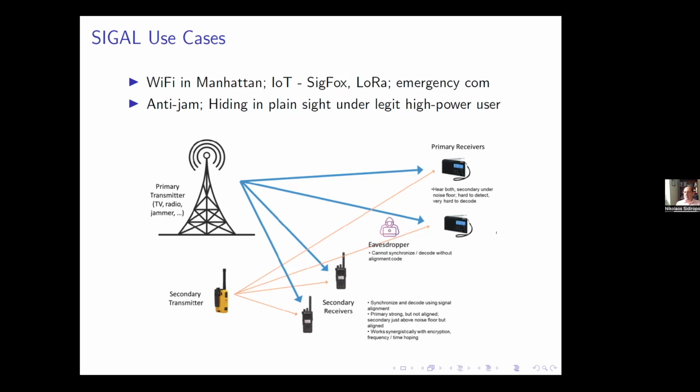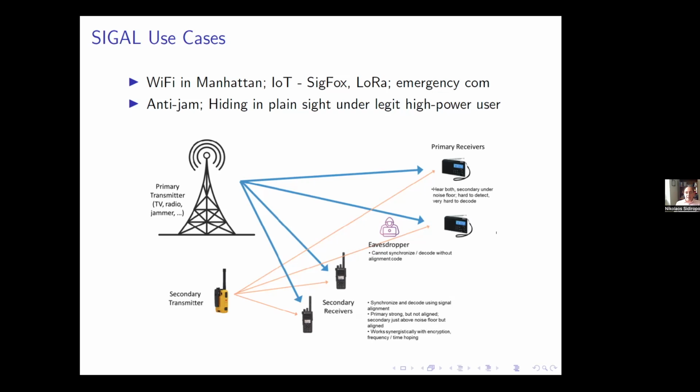Another application is emergency communication. Suppose that there is an emergency and the government wants to reuse the allocated FM frequency stations to broadcast an emergency message. How can you do that without having to tell the FM transmitters to stop transmitting because the government now wants to transmit an important message? You don't have to with the signal alignment technology.